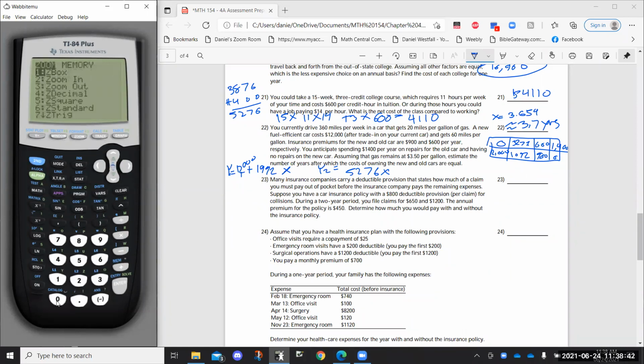I want to zoom to kind of zoom in on the important part of the graph. Second calc, number 5, is the point of intersection, Y1, Y2, and there's the 3.654080 that I was talking about.